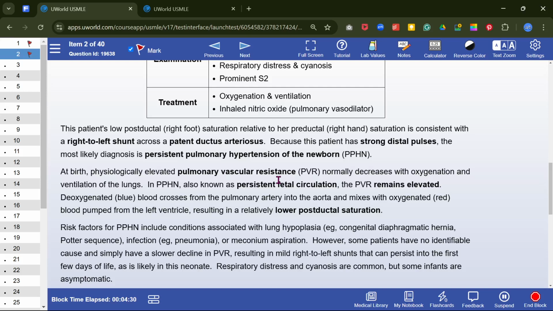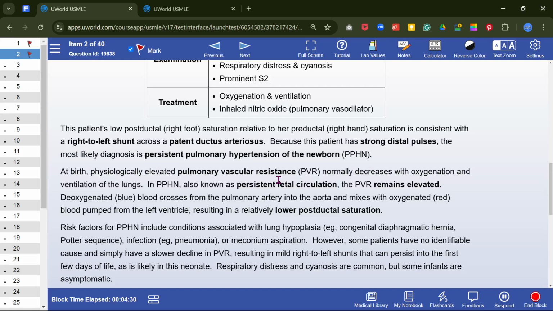In persistent pulmonary hypertension of the newborn, also known as persistent fetal circulation, the PVR remains elevated. Deoxygenated blood crosses the pulmonary artery into the aorta and mixes with oxygenated blood pumped from the left ventricle, resulting in relatively lower postductal saturation.